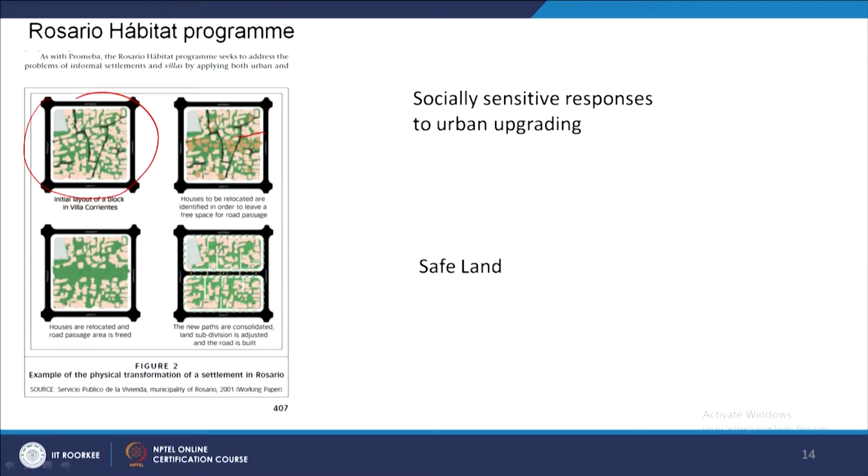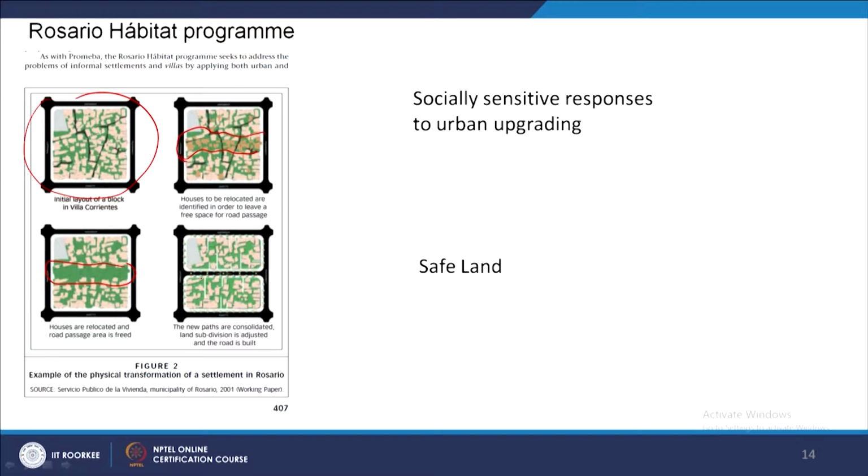First, what they did was identify the houses that could be relocated in order to plan for infrastructure and services. These houses have been relocated, and passages for roads and services have been freed up.